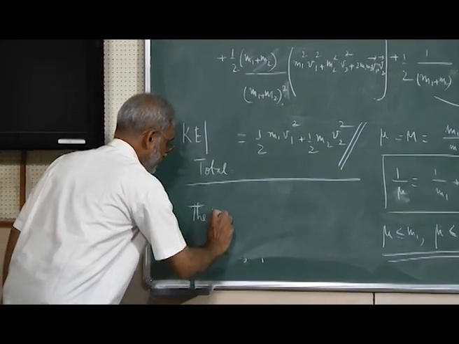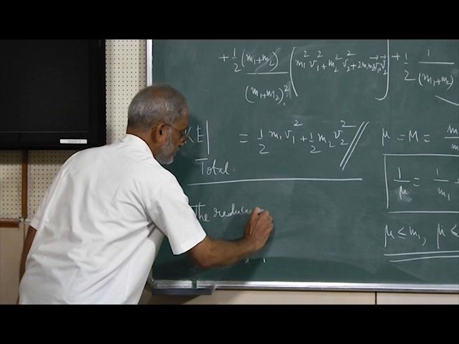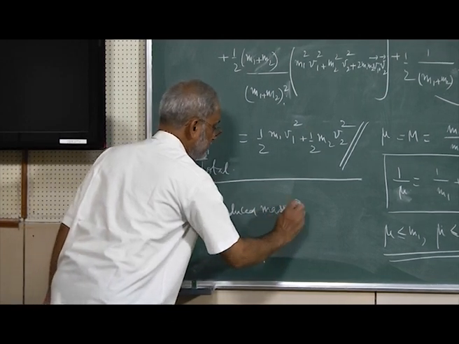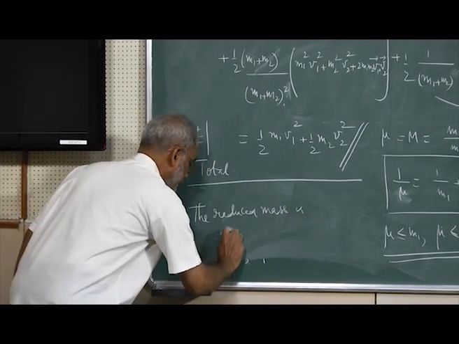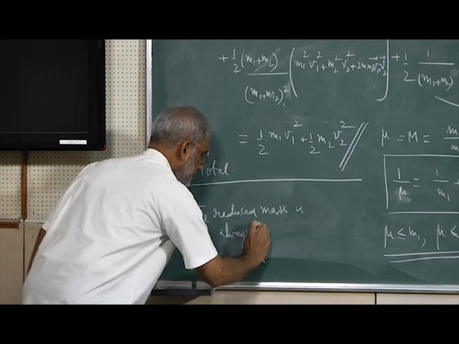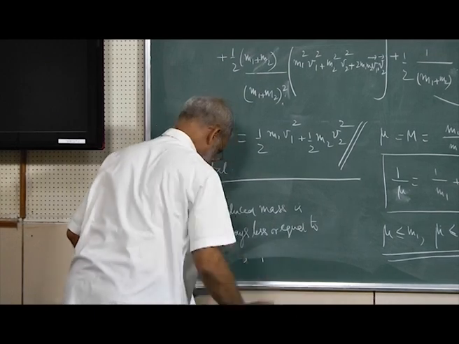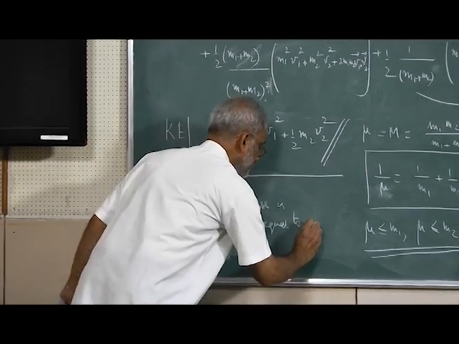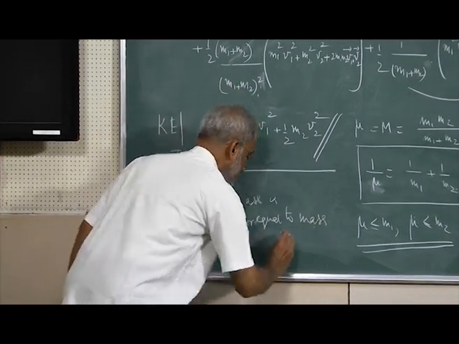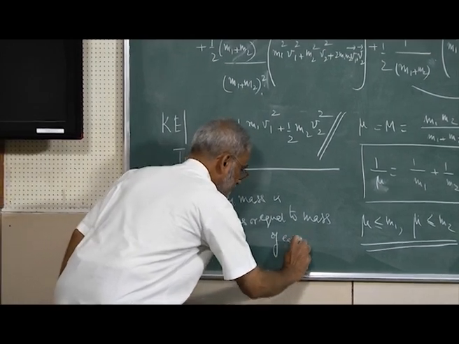Let us write it here: the reduced mass of a system is always less than or equal to the mass of each body.